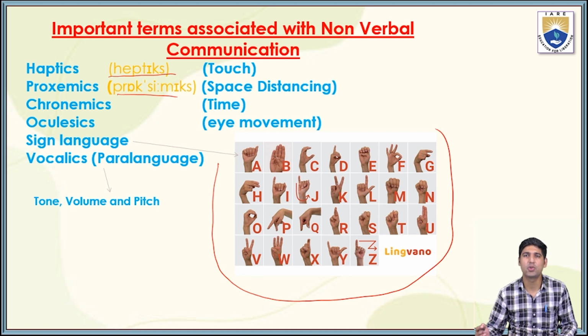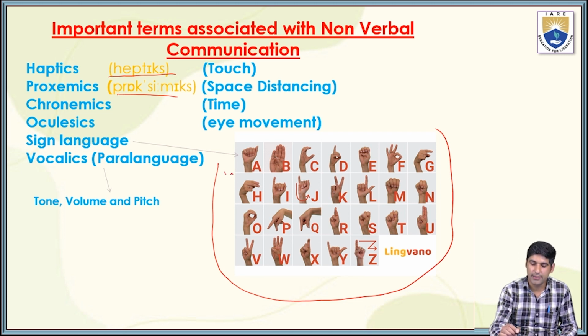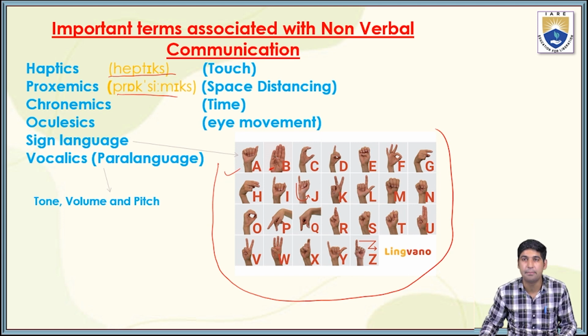So different signs are there on the roads, and this is also an example of sign language. This is the sign for how we write A, and this is the sign for how we write B. This language is more applicable to specially abled people, those who cannot hear. So we use this sign language with those people.